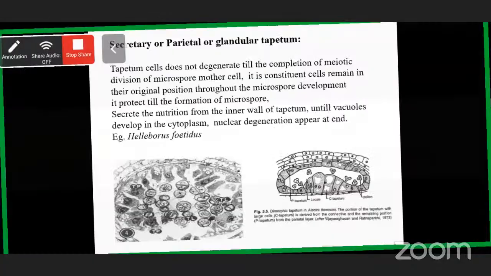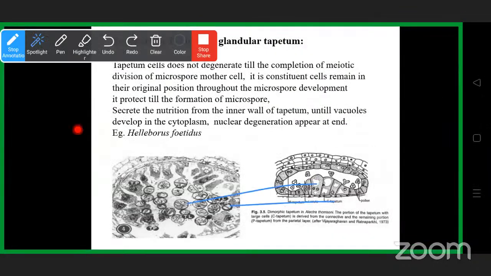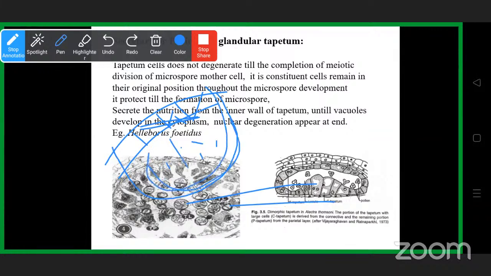It splits their tissues. It splits their tissues, cell walls, so that all the cytoplasm will enter into the microsporangium, so that the cells will be ruptured cells.